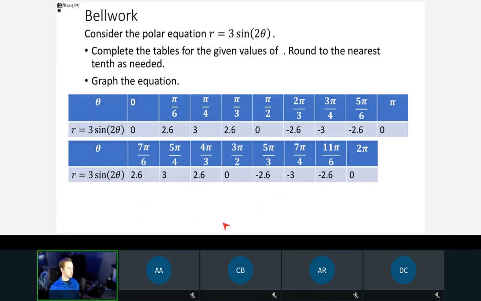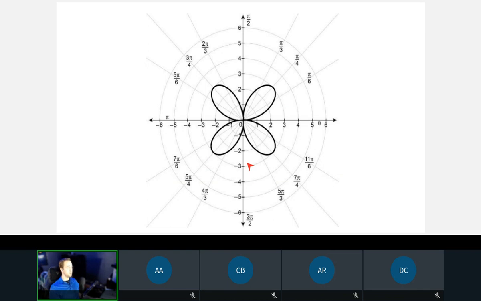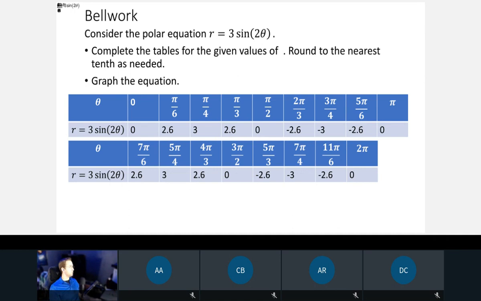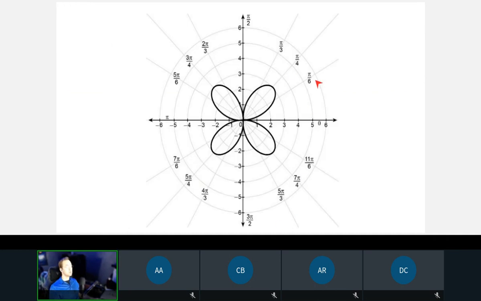So on this next page, this is what your graph should have looked like. I'm going to keep going back and forth. 0, 0 is here, and then pi over 6, comma 2.6. So here's pi over 6, and then 2.6 is roughly right here.